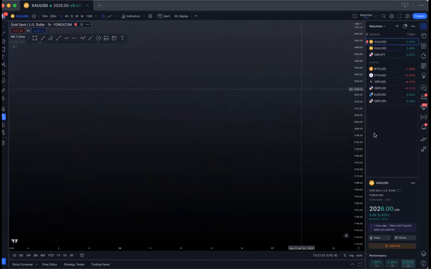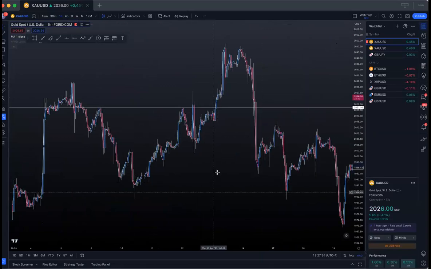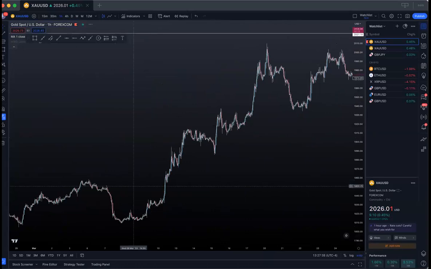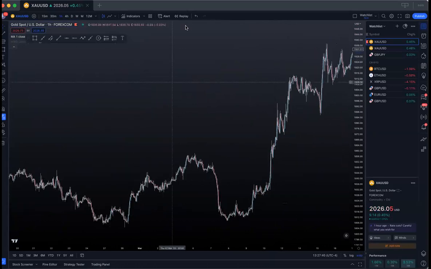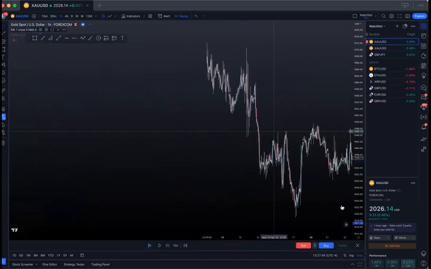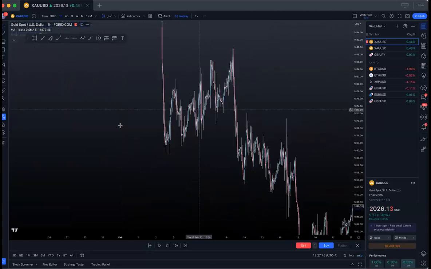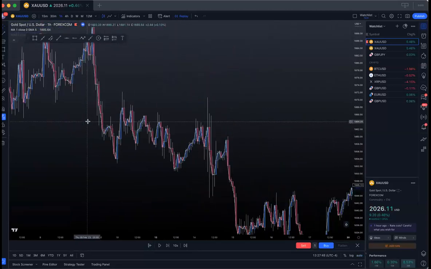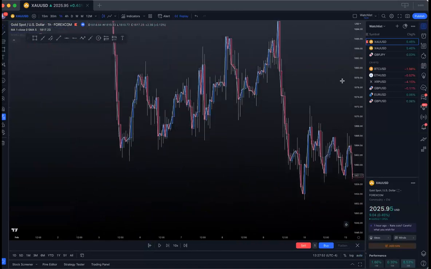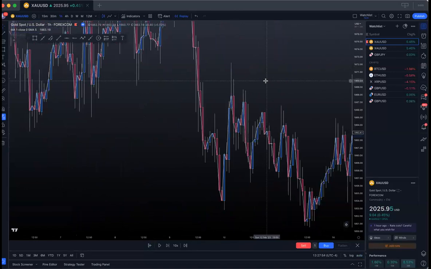I should go into H1 and go back because recent price action is super ugly. So yeah, this is an example of a gap entry.